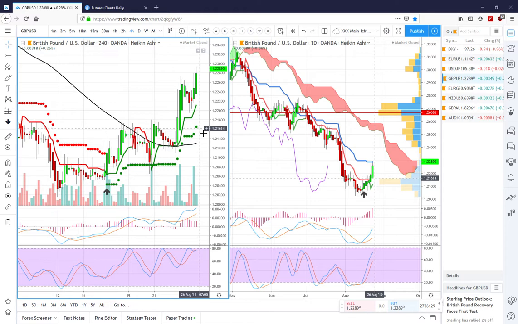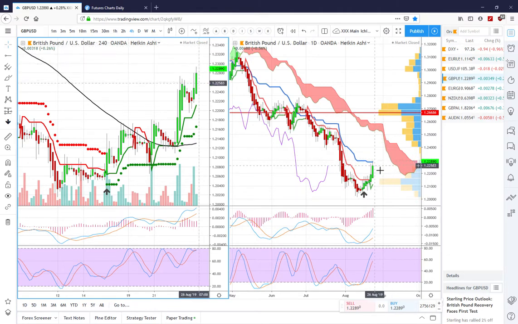So rather than looking for a short on this, as I've had a lot of people do, thinking this is overextended, I'll try and short this. Well, you actually should be looking for a pullback to a support level somewhere, maybe back to here, right? A support level, and then you get another go at it on the long side, because this is a counter trend at the moment, right?